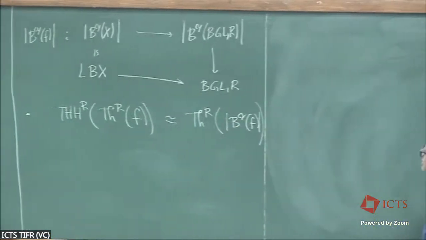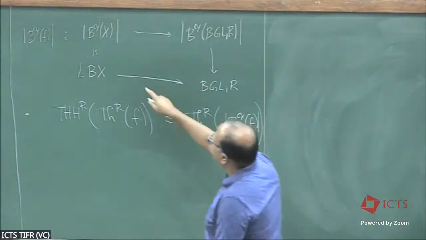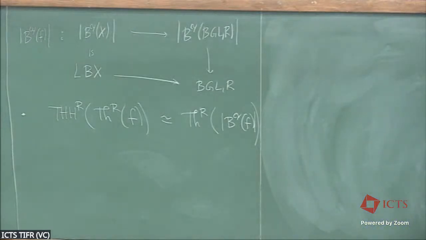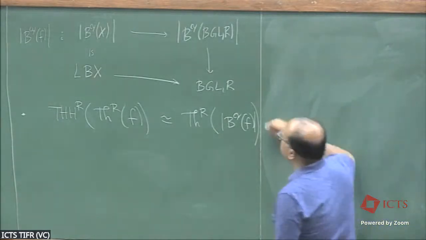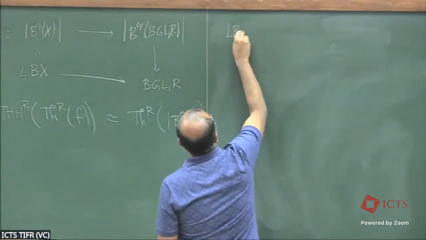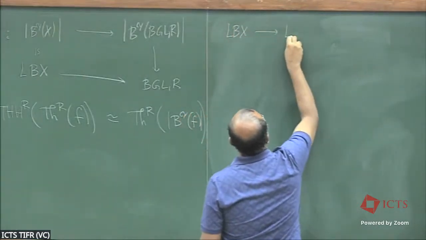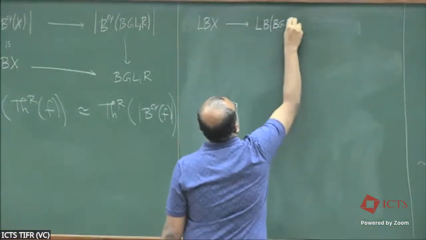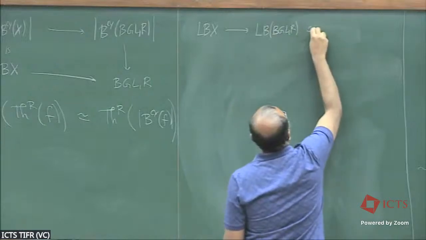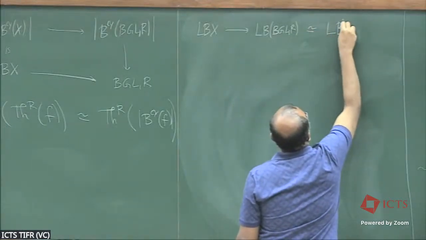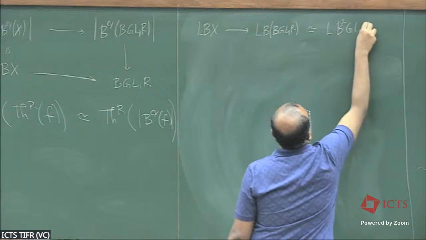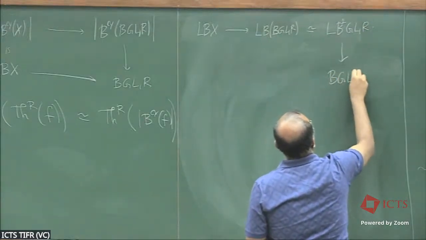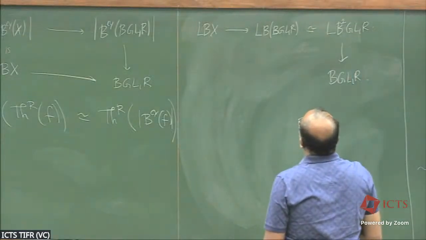So first of all, you realize that this is a map of monoids. So you can write this as a composite in this form, LBX to LB of BGL1 R, which is the loop space of B square GL1 R, to BGL1 R. Okay.